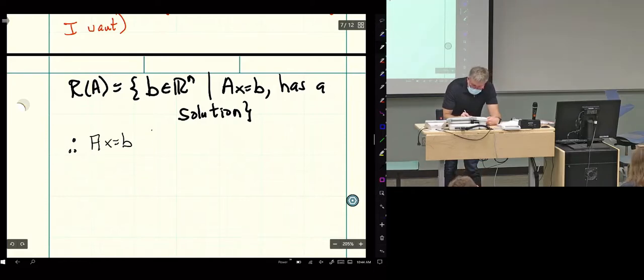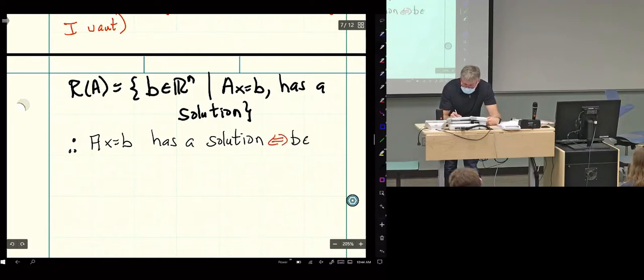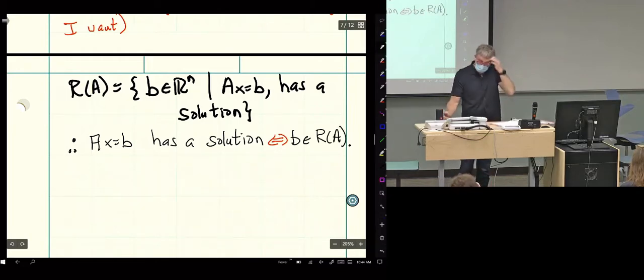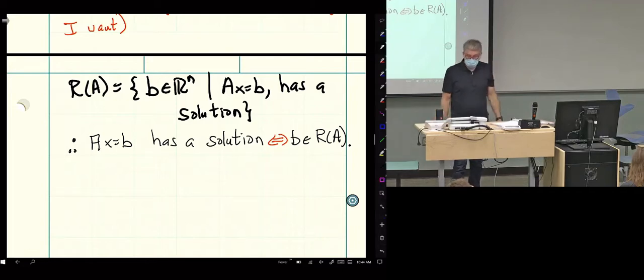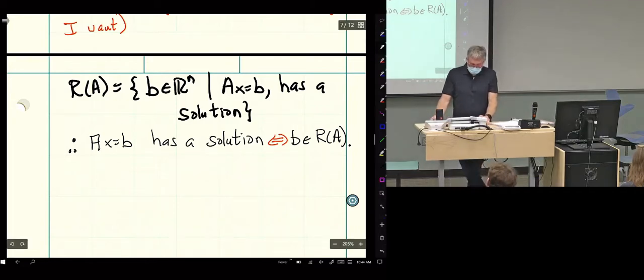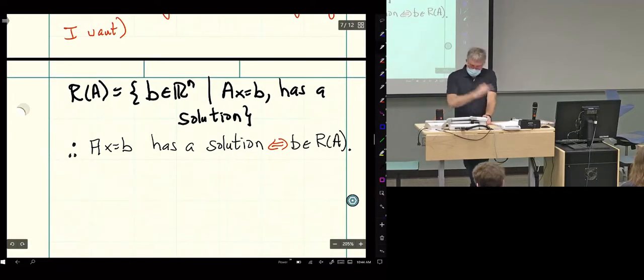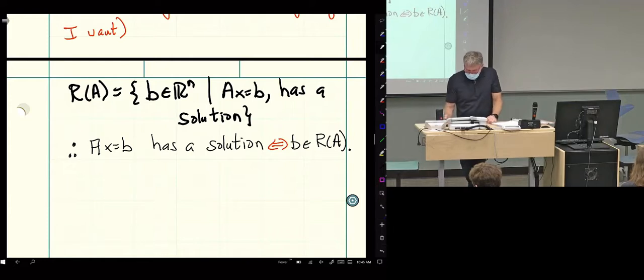And another way that we can write that is: Ax equals B has a solution if and only if B is an element of the range of A. So it's another way of thinking about the range of A. So once we calculate the range of A, the set of all points that we can map onto in Rn by varying x, that tells us about solvability of our equation.